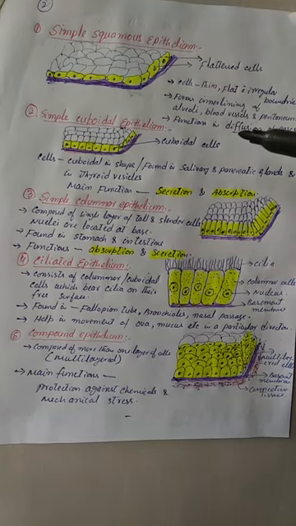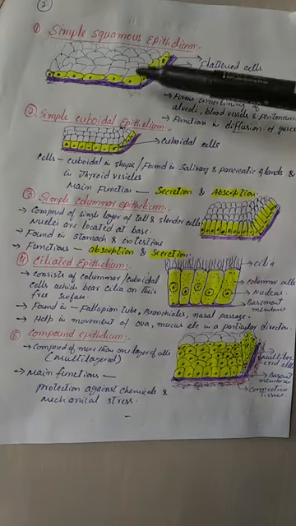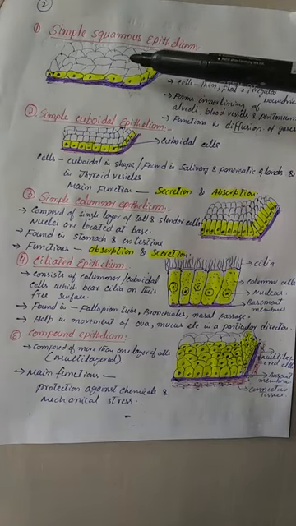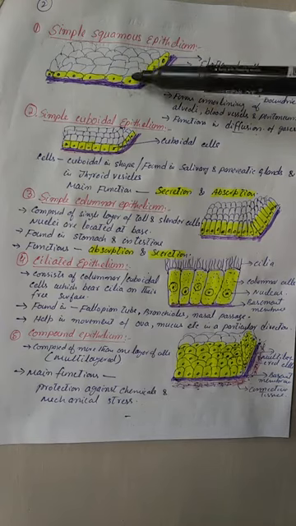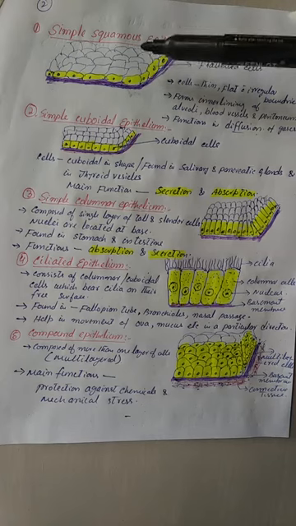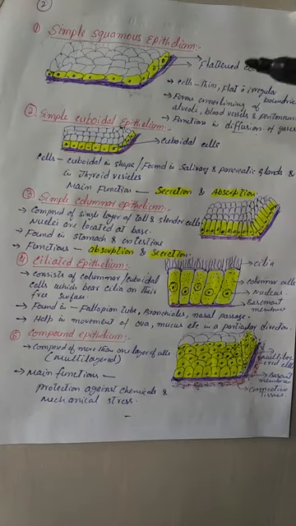In the simple squamous epithelium, the cells are very thin, flat and have irregular boundaries. It forms the inner lining of alveoli, blood vessels, which is also known as endothelium, and the peritoneum of the body cavity.